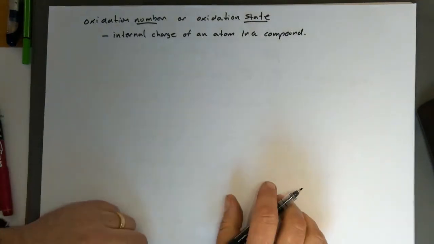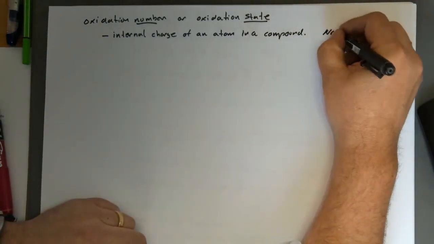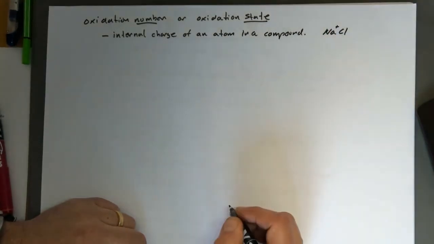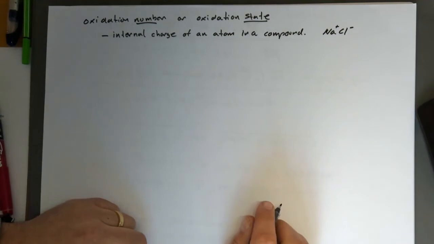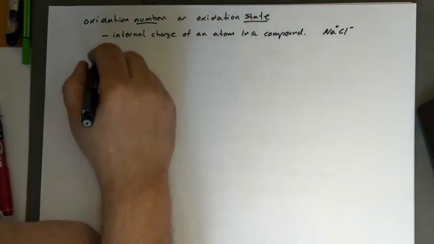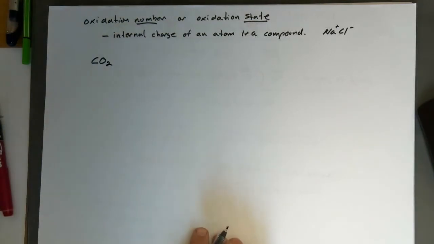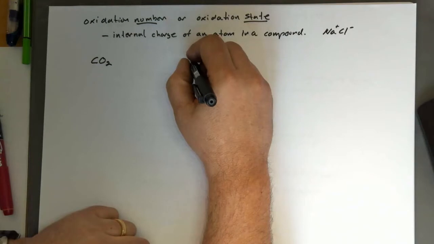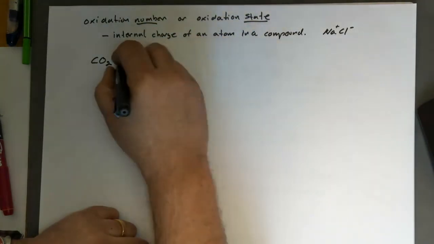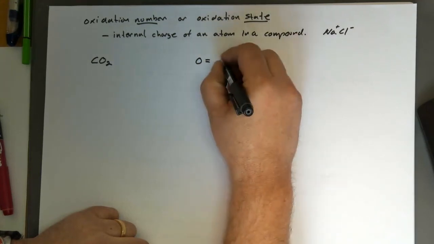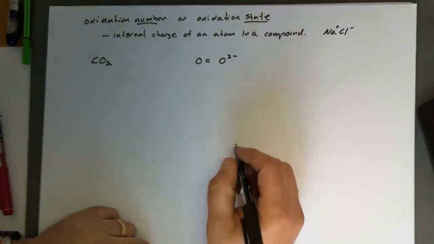And for many compounds, for example sodium chloride, it's really easy to see because we know that the sodium is plus and we know the chlorine is minus. But it's harder when dealing with a molecule like CO2. And so we have some basic rules here. We know, for example, that oxygen always forms O2- as an ion.